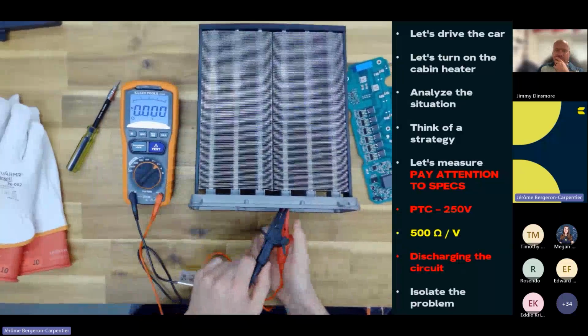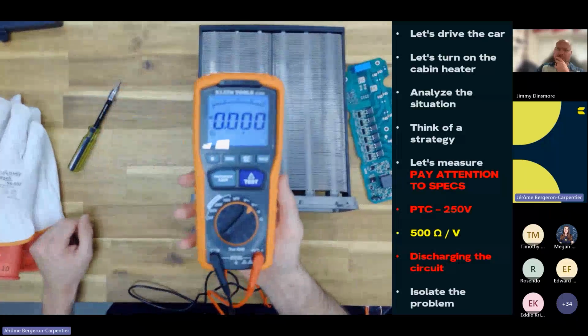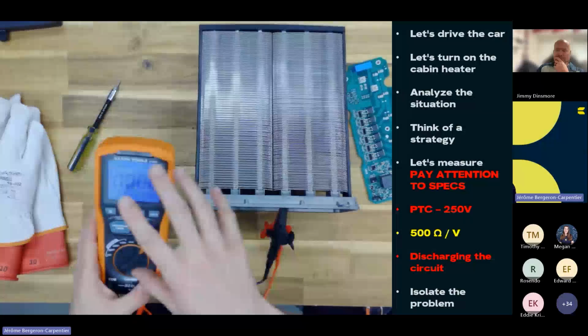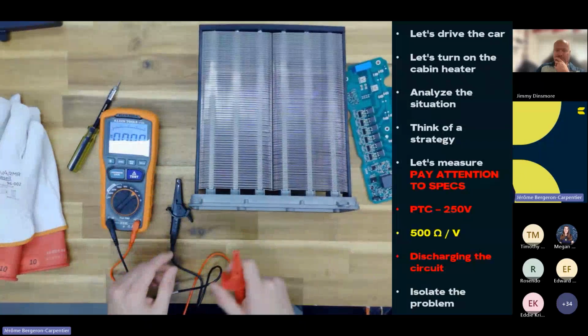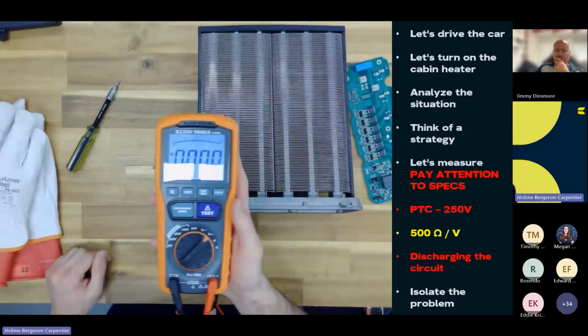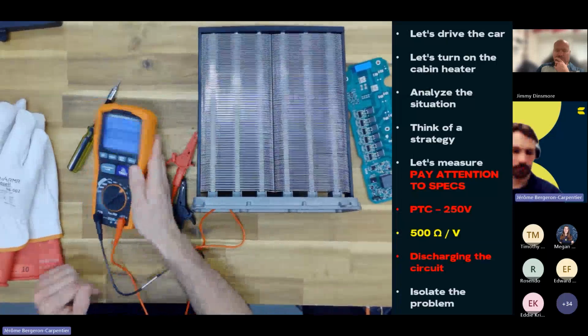So let's say here, I have 0. So you can either check it by doing this, or if you have that type of meter, the Klein Tools ET600 is going to show you that. Yeah.